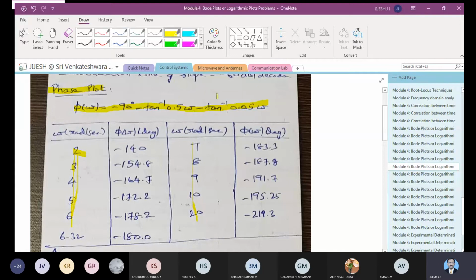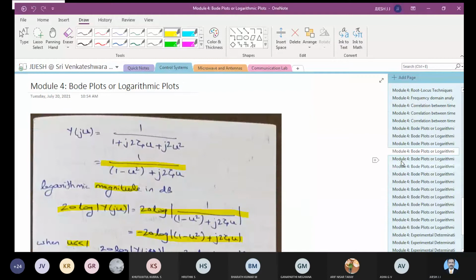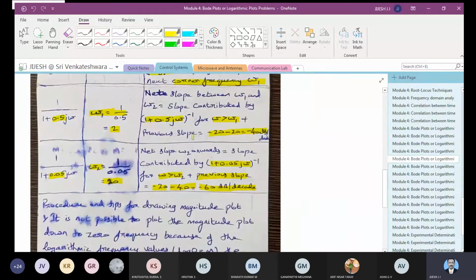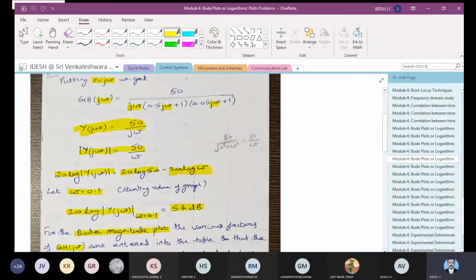So this equation, from where are you getting the general equation that you have written? You can see that in the question you have 50 divided by j omega, so in the denominator you will have minus 90 degree, 0.5 j omega and 0.05 j omega.